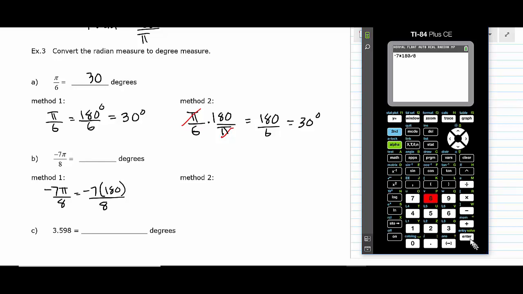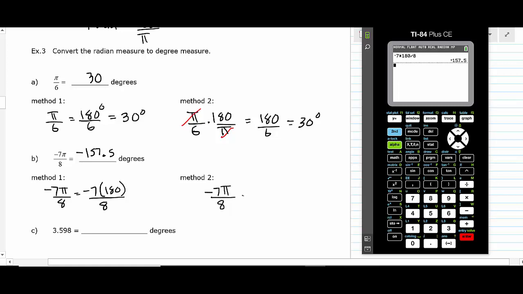I think I'll have decimals on this, so I'll just use negative 157.5 degrees. And the second method just cancels out the pi. So multiply by 180 over pi. Pi's cancel out. You can see you're going to do the same thing. Negative 7 times 180 over 8. It's going to give you that answer.